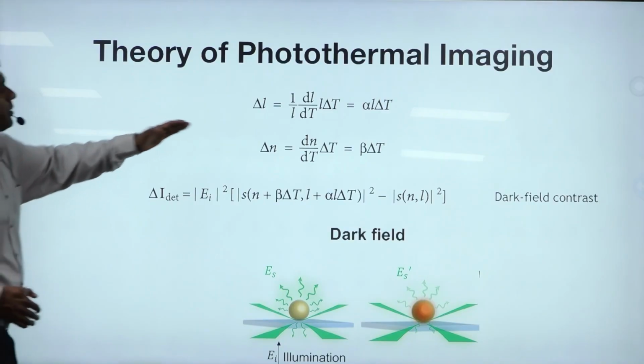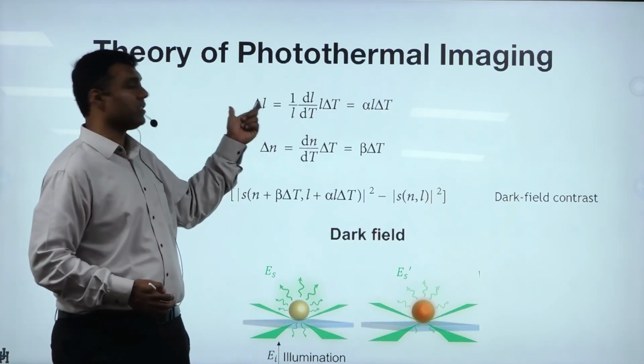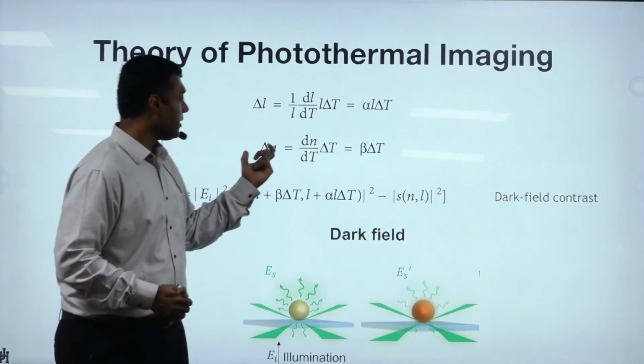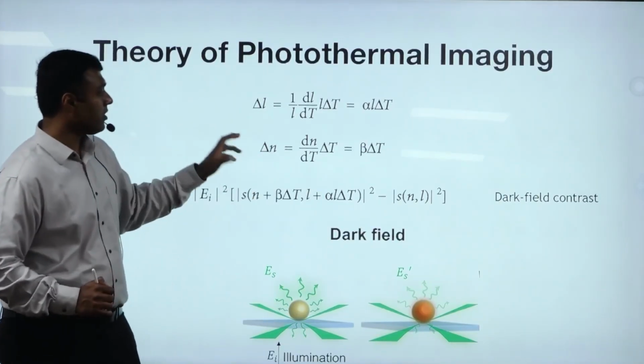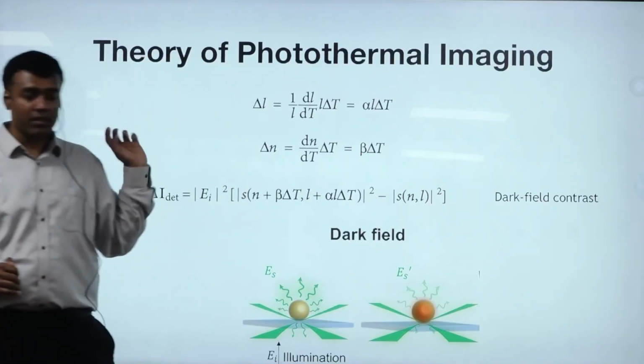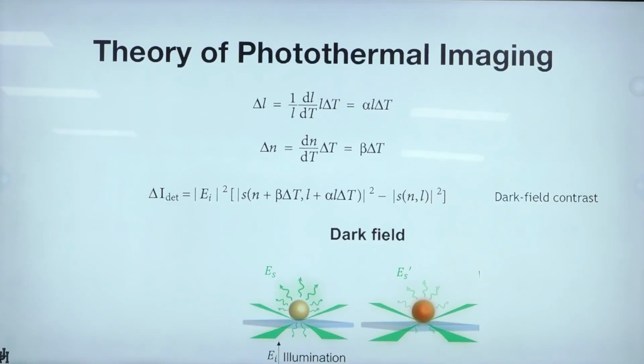The bigger the change in temperature, the more your change in length will be. Similarly for refractive index, there is some proportionality constant. The bigger the change in temperature, the more the change in refractive index will be.